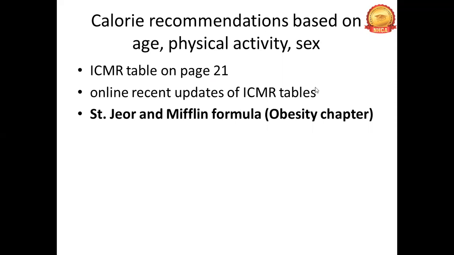Page number 302. There are two formulas. When you find the basic BMR for women and men, there are two completely different formulas, and especially at the end the units are different. Every other part of the formula is the same, but for men and women there is a slight difference. I'll show you that.